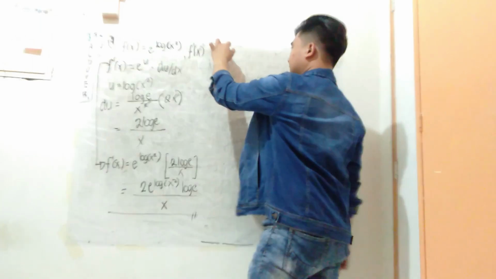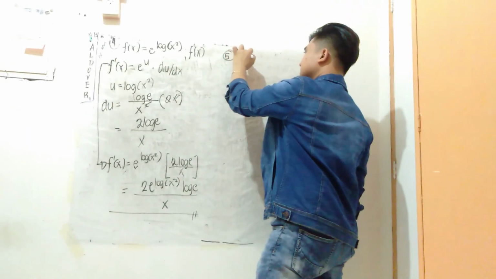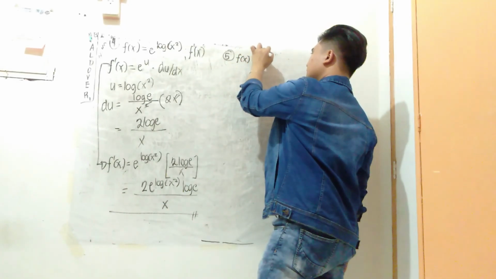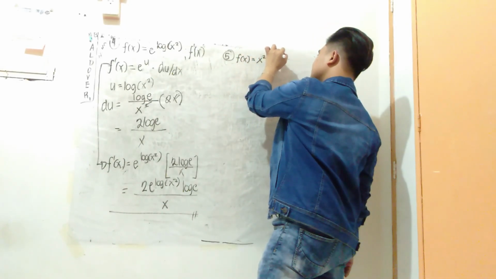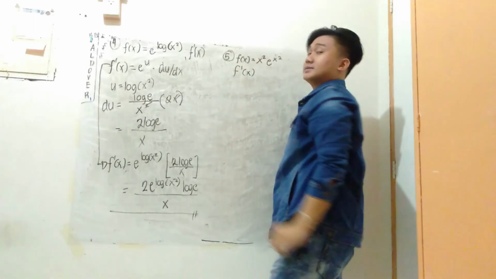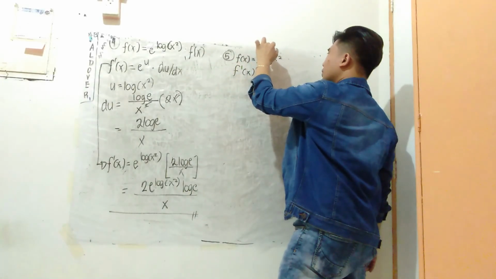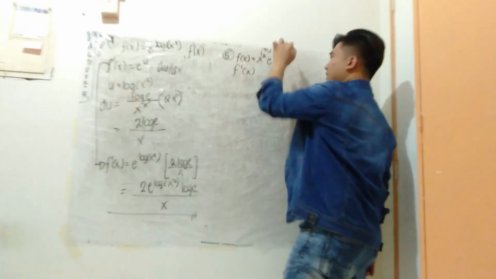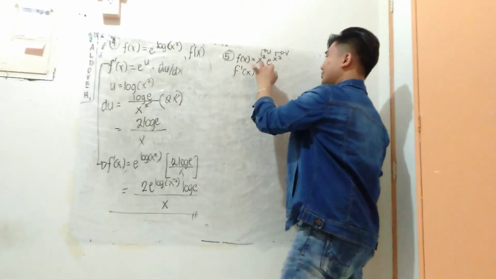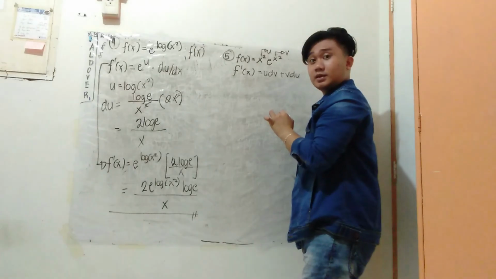Next, our last example. If f of x is equals to x squared e raised to x squared, find f prime of x. Okay? So, di ba, meron akong u, meron akong v. Paulit-ulit lang, u dv plus v du. Okay?